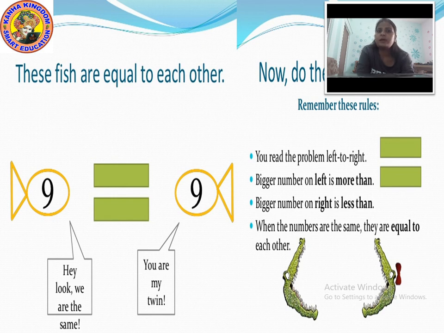If the number is bigger on the right side, that is less than, and if the number is bigger on the left hand side, that is more than. And when the numbers are the same, they are equal to each other, like 9 equal to 9.